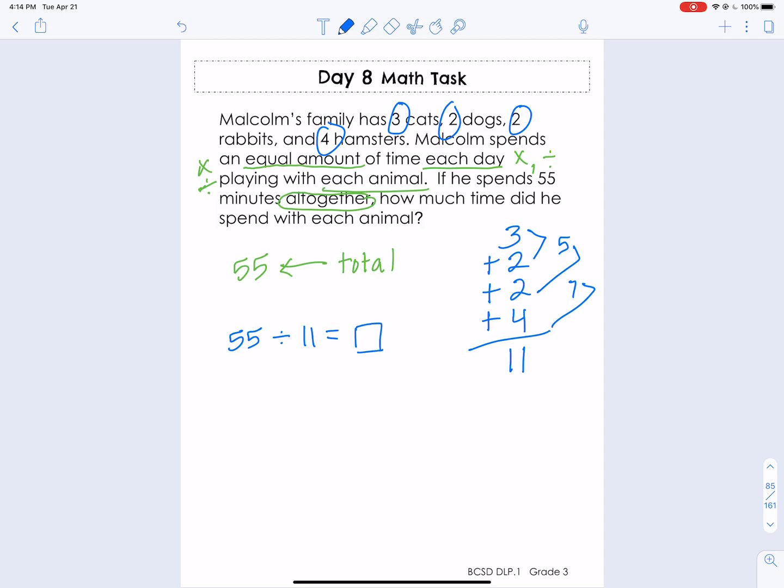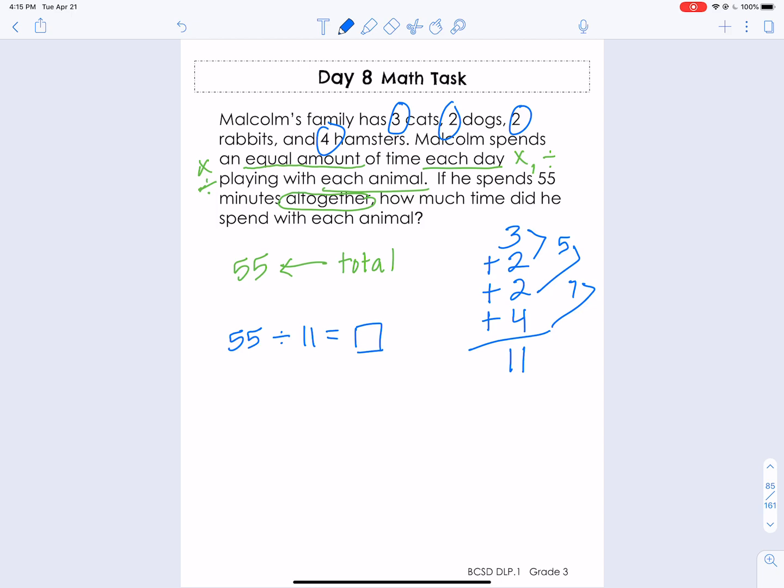Okay? If you're comfortable with division and you know your math facts really well, you might already know the answer, but some of us may have to figure it out a different way in order to get this right. I think what I'm going to do is let's try repeated subtraction. That's a good division strategy to do if we're not sure of the math fact.